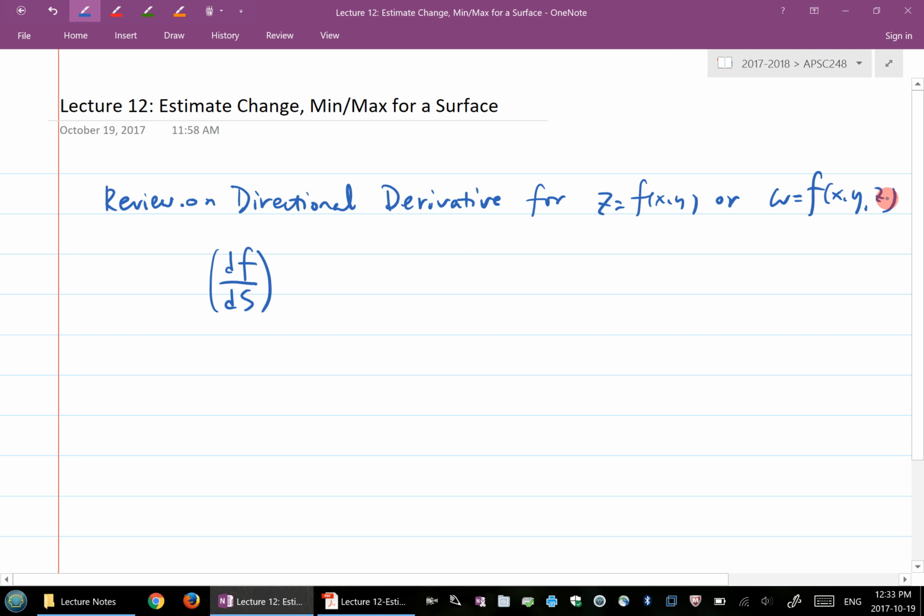If you have a function given and you're asked to do a directional derivative calculation, and this is the notation for directional derivative, then the formula is basically equal to the gradient of the function dot the direction of the change. The direction of the change is given by u hat here.